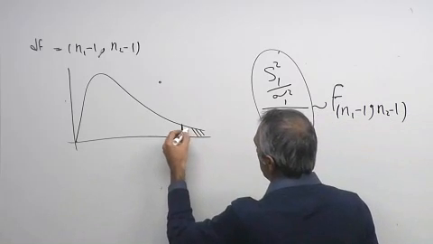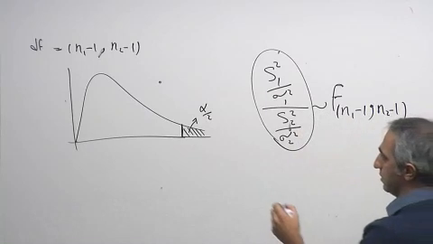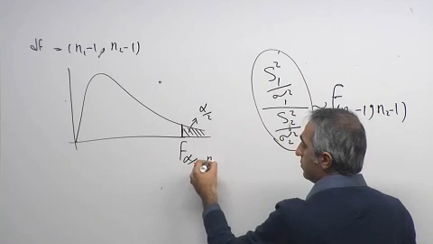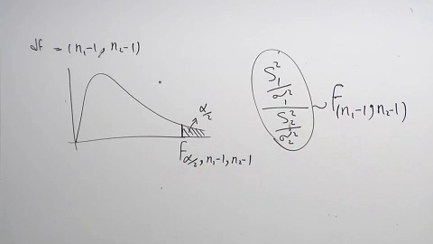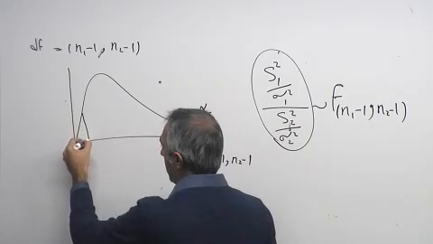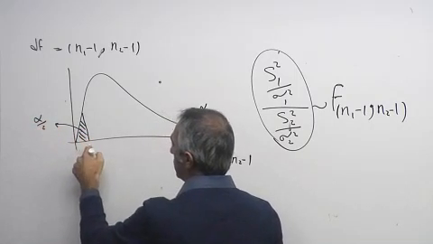Therefore, if this tail is alpha over 2 here, I can say this is F of alpha over 2 with these 2 degrees of freedom. So if I have alpha over 2 here, what is this one?